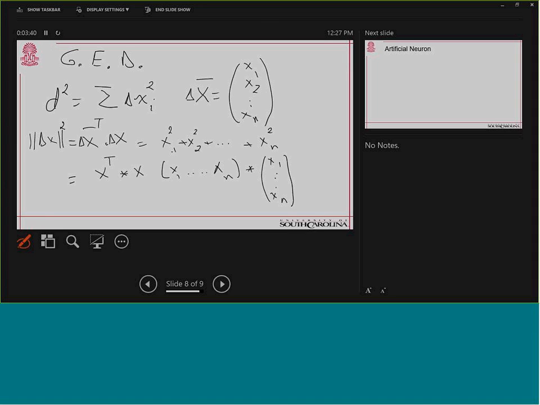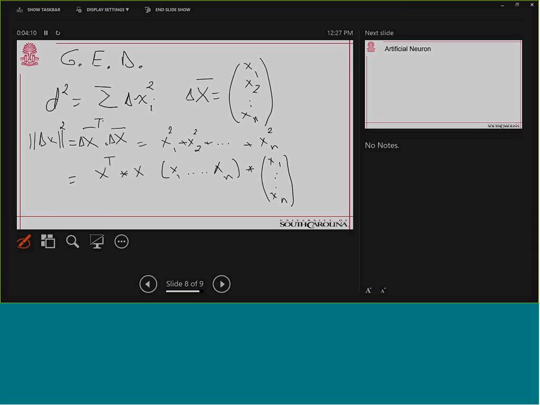So delta is a vector. When you're calculating the magnitude of a vector, the magnitude becomes this. When you apply that principle to the distance between two points, you establish the difference between the two points. That's called the delta x. It's the same thing, except one of them has a transpose.